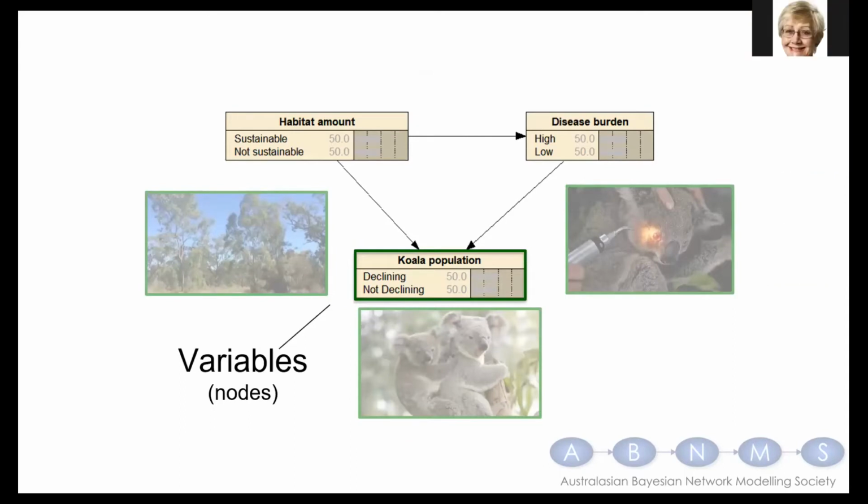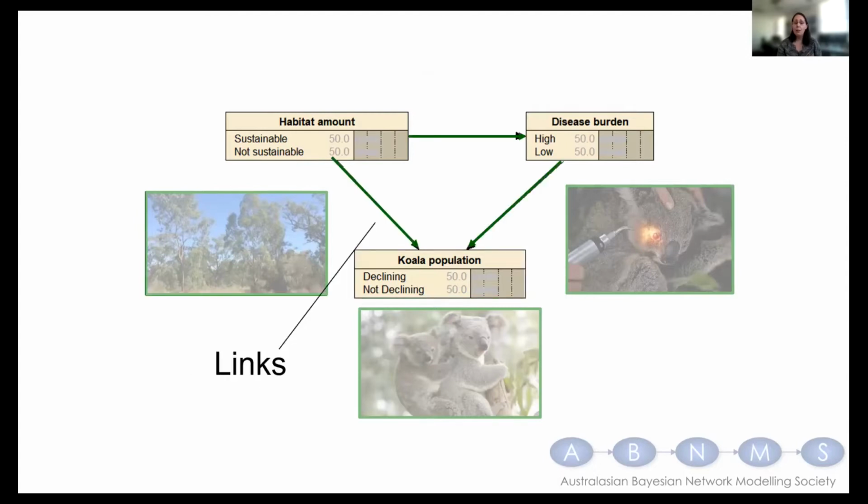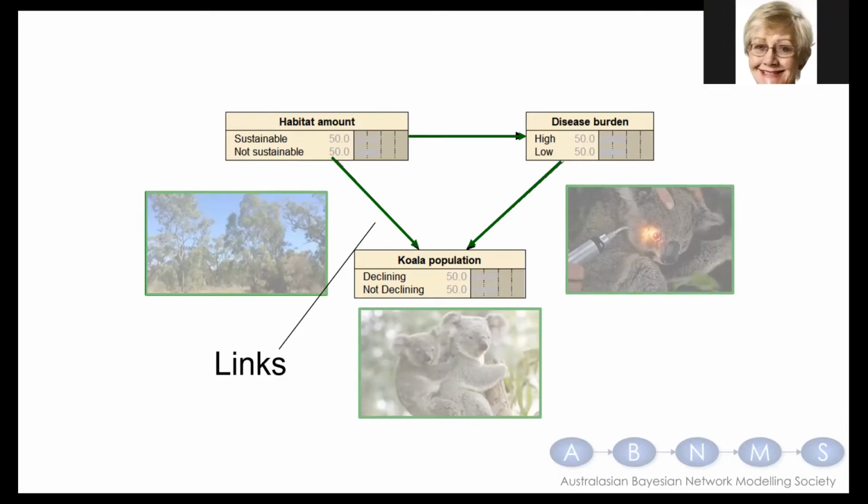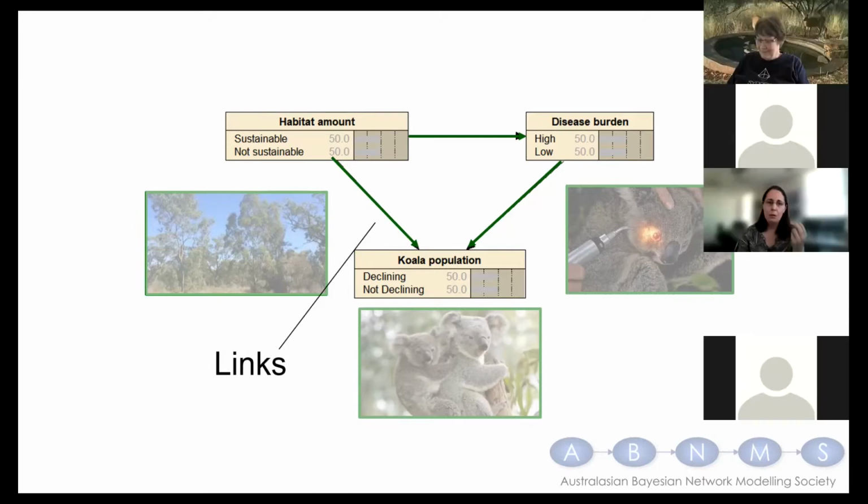Just a bit of jargon to cover. The variables, we refer to them as nodes. And we join these nodes with links, sometimes referred to as edges. They can represent either correlation or causality or some sort of association, depending on your model and how you interpret your model.